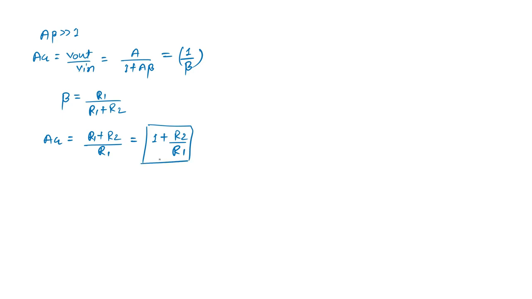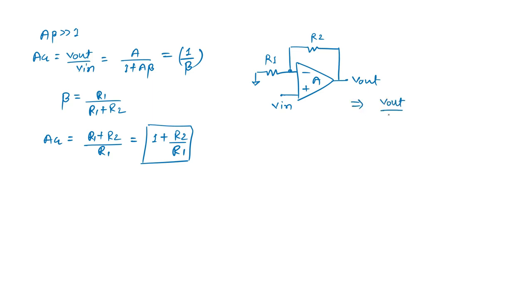So what is this expression? In a non-inverting amplifier, we directly write it like this. We have seen this many times. If someone asks you the gain of this non-inverting amplifier, we all know that V out by V in is nothing but 1 plus R2 by R1.